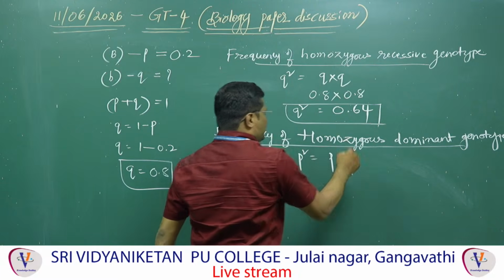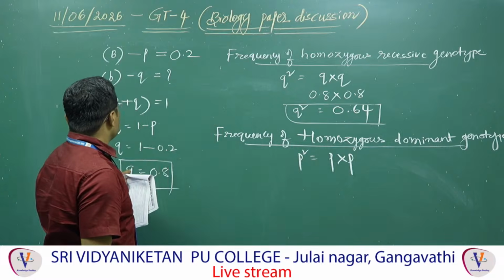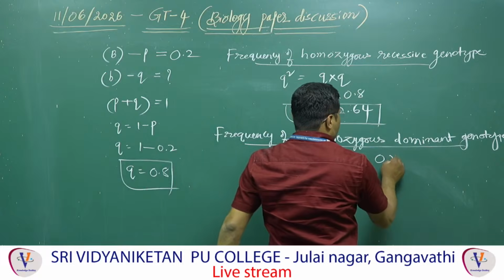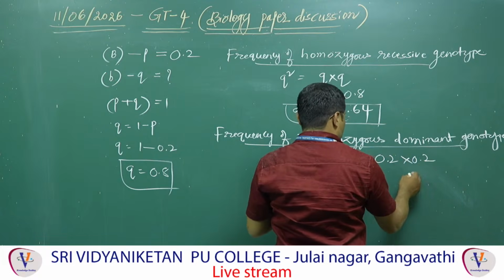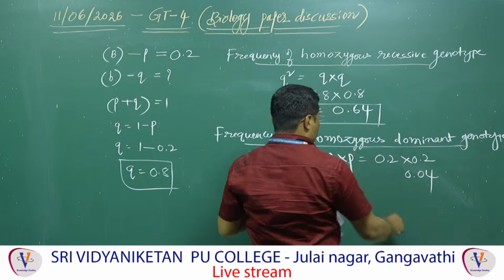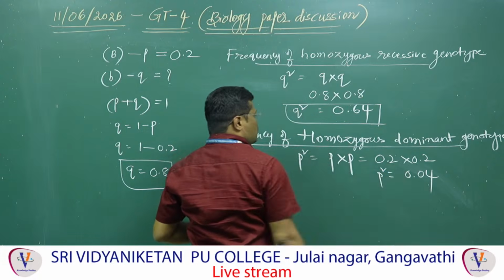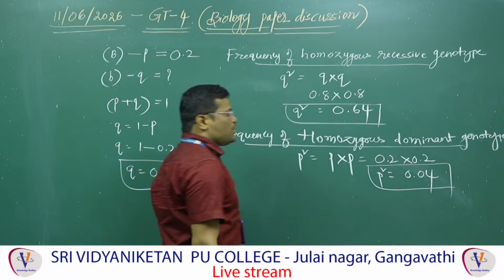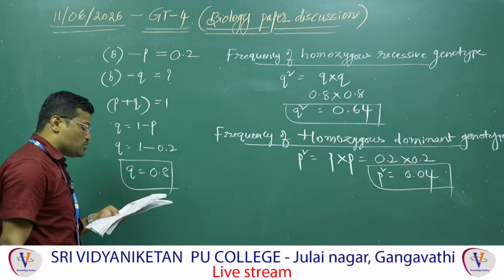Same strategy applies here, P into P. We knew the value of P, already they have given the value of P. 0.2 into 0.2, answer is 0.04. So P square is equal to 0.04. Our frequency of homozygous dominant genotype is 0.04.